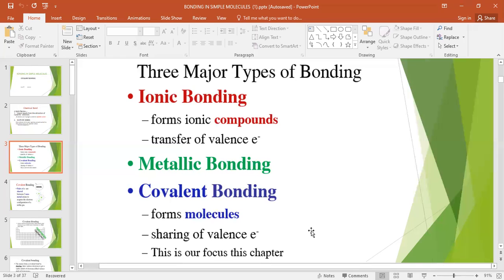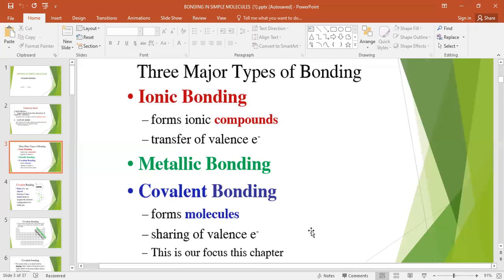It depends on whether they are going to share one, two, or three electrons. Single covalent bonding if they share one, double covalent bonding if they share two, triple covalent bonding if they share three. So how many types of covalent bonding in general? Three: single, double, and triple.